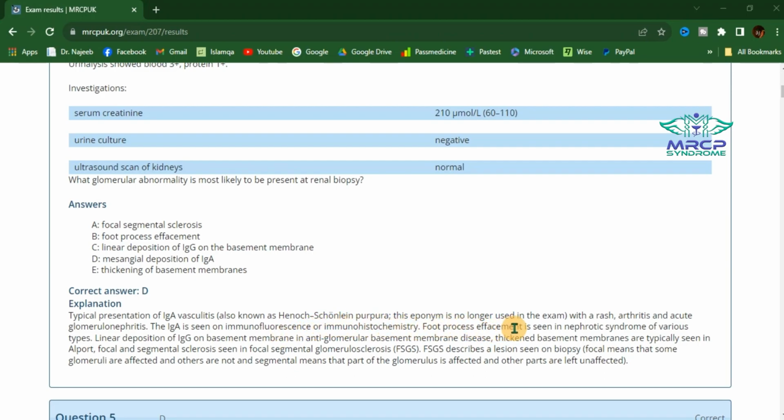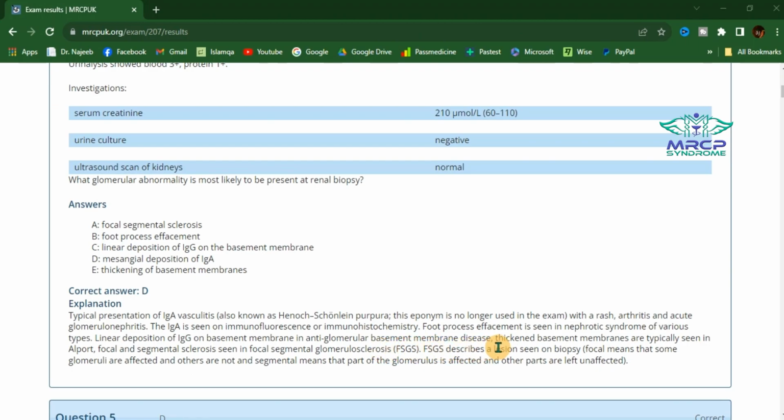Foot process effacement is seen in nephrotic syndrome of various types. Linear deposition of IgG on basement membrane in antiglomerular basement membrane disease. Thickened basement membranes are typically seen in Alport. Focal and segmental sclerosis seen in focal segmental glomerulosclerosis, FSGS.